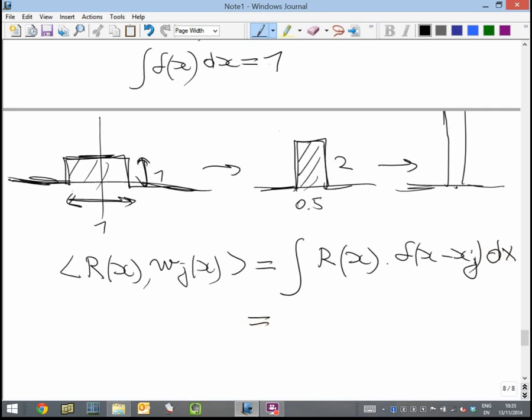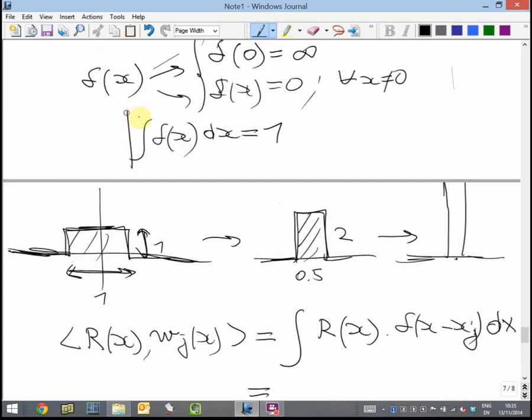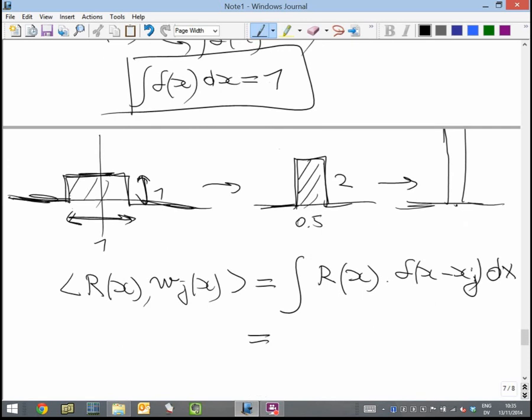And if I evaluate this using the rules of delta functions, you can prove, and I'm not going to do this, that just like the integral of the delta function is equal to 1, the integral of a delta function multiplied with a different function will give you the R evaluated at xj, simply because it's 0 everywhere apart from xj. This delta function just picks out the value xj in R.